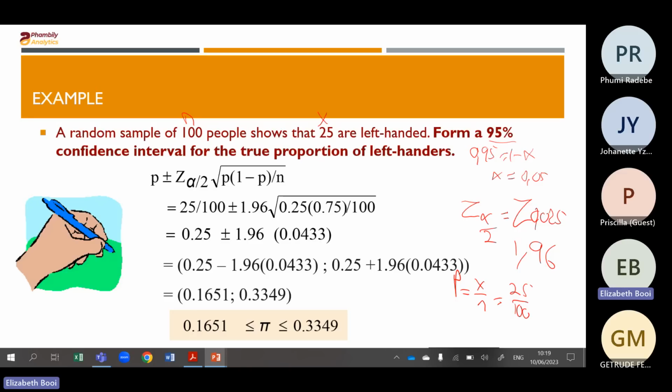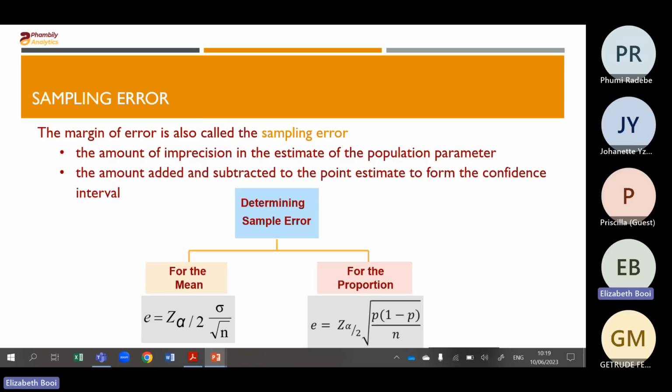Now, the other thing, we already mentioned this in the previous session and in this session as well. I just want to also highlight it, that the margin of error is also called a sampling error, and this is the amount of imprecision in the estimate of the population parameter that we get.